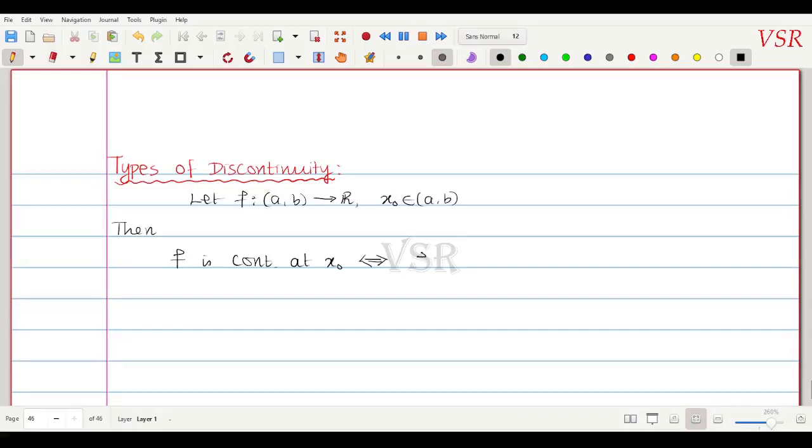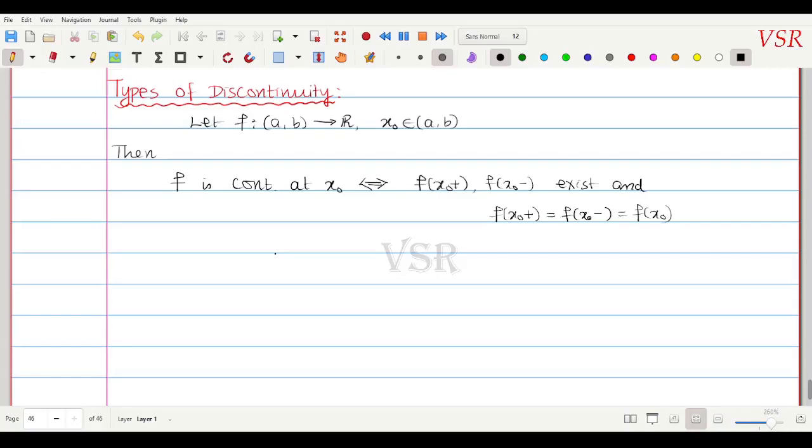That is, f at x naught plus, the right limit, and f at x naught minus, the left limit, exist and all are equal: f at x naught plus equals f at x naught minus equals f at x naught. If f is continuous, then these two limits must exist, and these two limits are equal to f of x naught. If both conditions hold, then f is continuous. Now I take f to be not continuous.